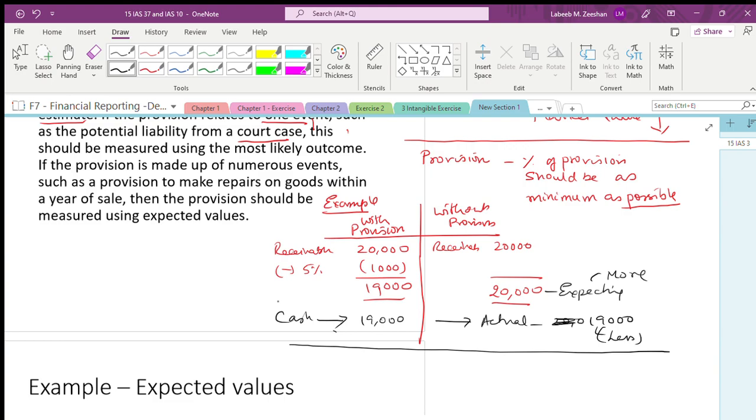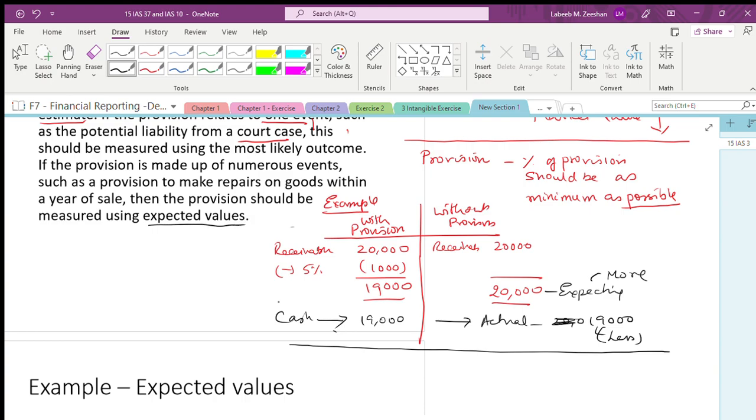If the provision is made on numerous events, such as a provision to make repairs on goods within a year of sale, then the provision should be measured using expected values. You cannot make provision on all.